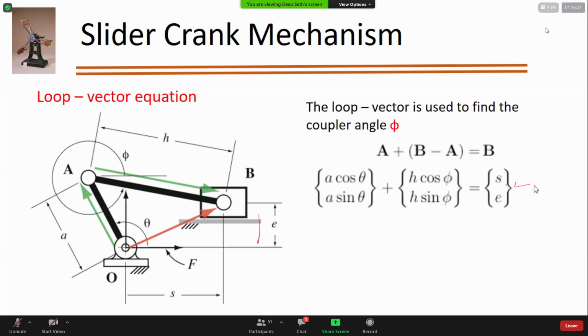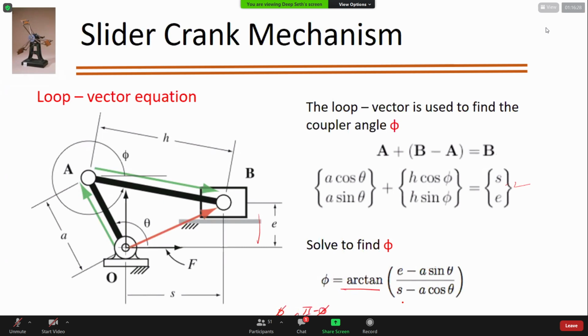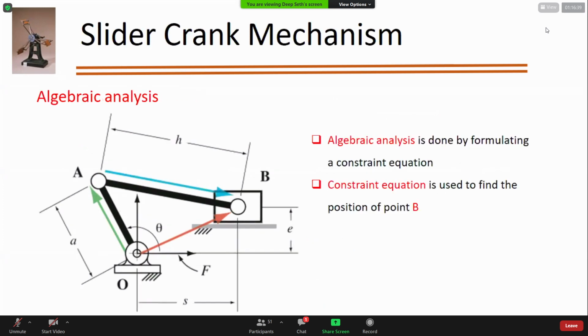So S and E. When you solve to find this coupler angle phi, it will be arctan, meaning you will always get two values, phi and pi minus phi. So two values, that's why arctan of E minus A sin theta divided by S minus A cos theta. This is the value of the coupler angle that you can get from here.